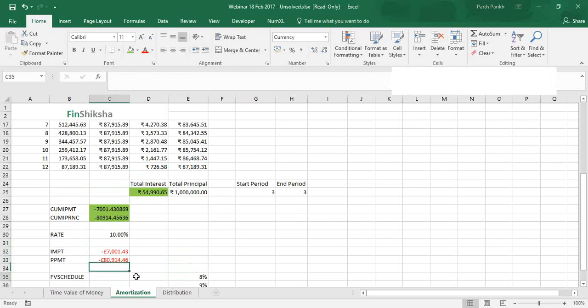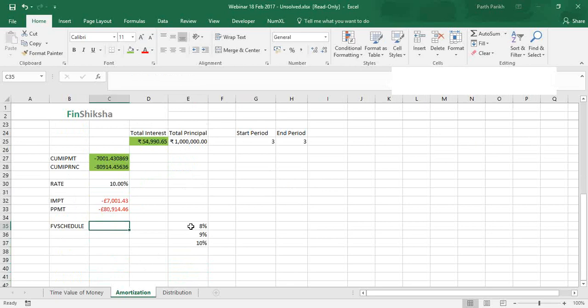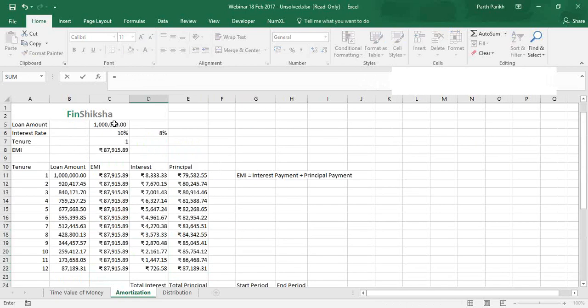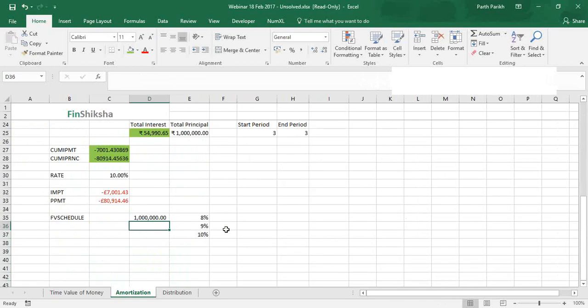FV schedule primarily says that if I have 10 lakhs over a period of 3 years, growing at 8, 9 and 10%, what will be my final output? I can either do something like this, which is equal to 10 lakhs multiplied by 1 plus 8%. Then this will go again over here, and I will drag this and drag this.